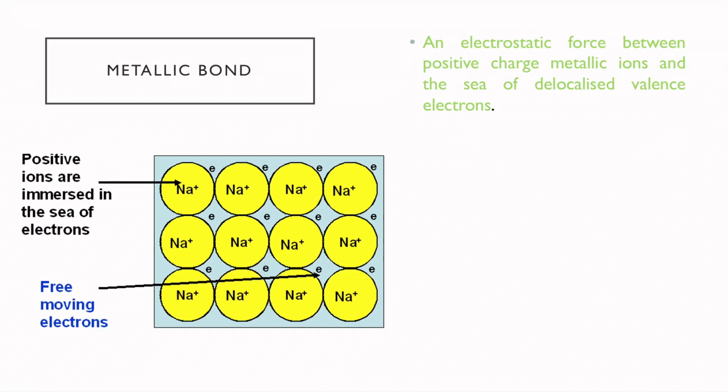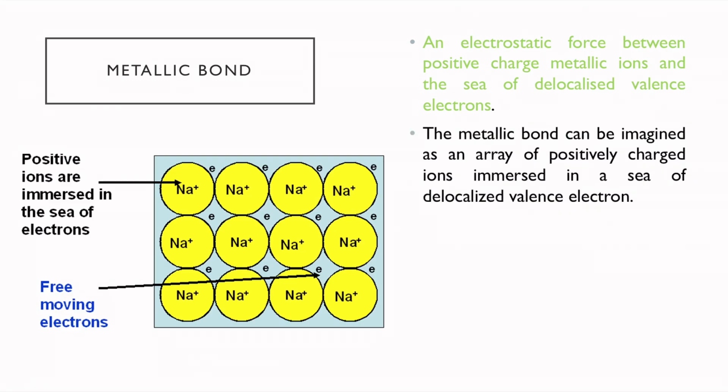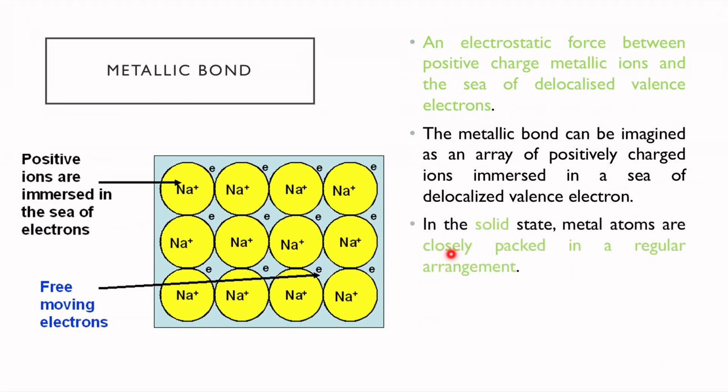The metals are closely packed in the solid state. The metallic bond can be imagined as an array of positive ions. The metals are closely packed in the solid state. Okay, very closely packed.